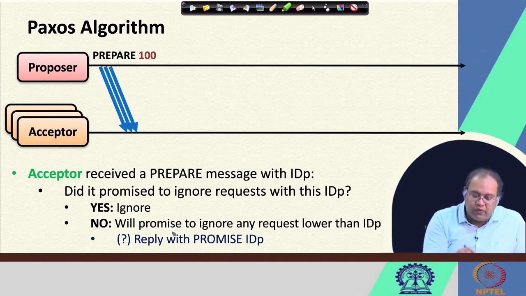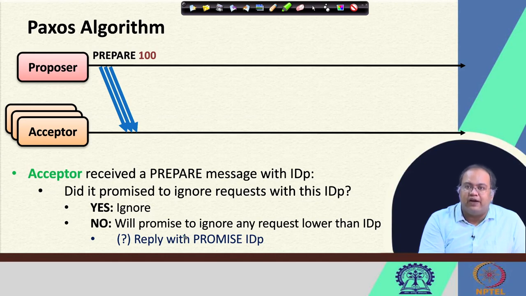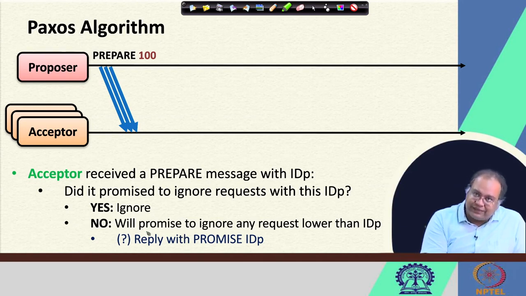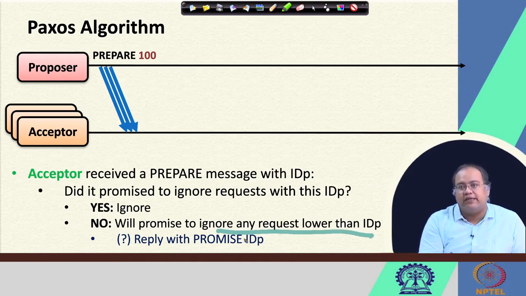If you receive a prepare message with a certain ID and you see that you have never promised to ignore a message with this ID, then as an acceptor you will promise to ignore any request lower than this ID.